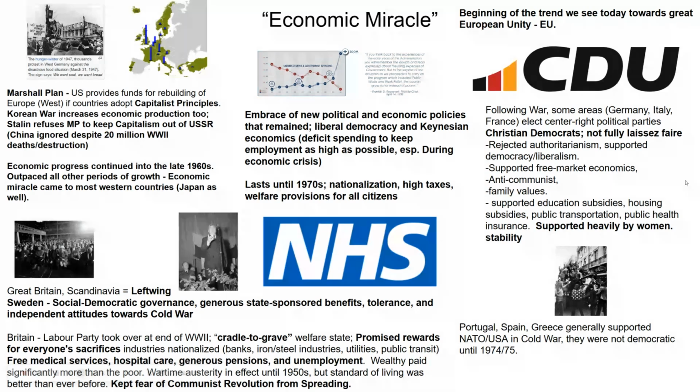The Marshall Plan was a massive program, implemented by the Americans, mostly towards Western European nations, that promised loans and money and funds to these European nations that desperately needed it, if and only if they promised to adopt and maintain capitalist principles in their economy, based on free market trade and capitalism.